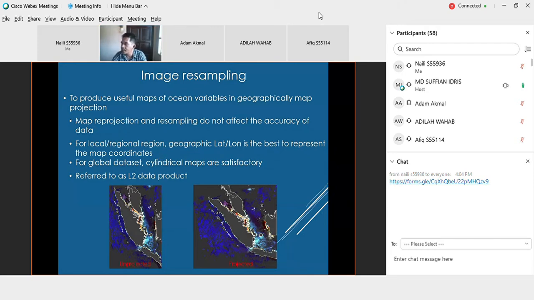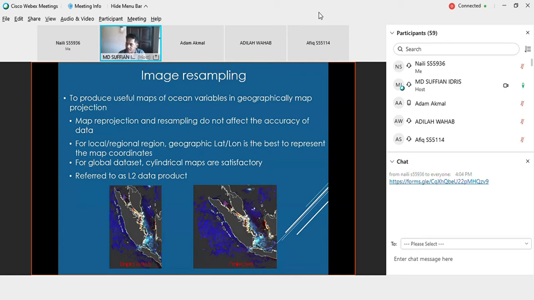Okay, image resampling. Yang kedua, yang keenam adalah image resampling, to produce useful map of ocean level in geographically mapped projection. Okay, so you dah buat dalam lab 2 itu, you nampak dia ada distortion of your image, of your map.